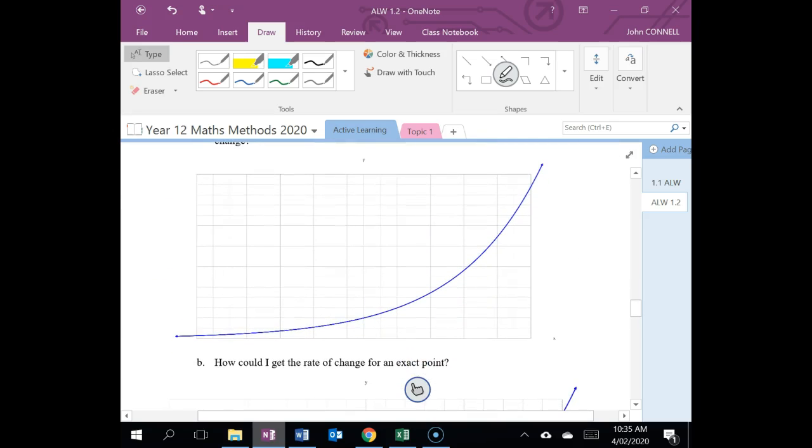So let's think about a specific point. Between these 2 points, we've got a certain change. If I draw a straight line between these 2 points, what's the slope of that?